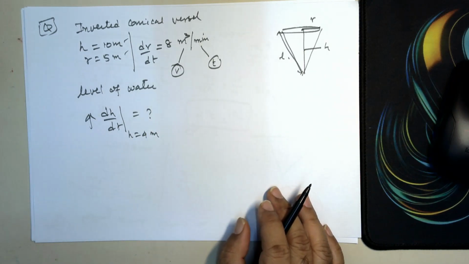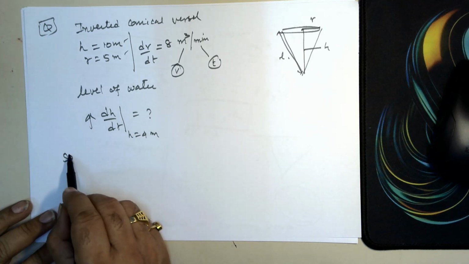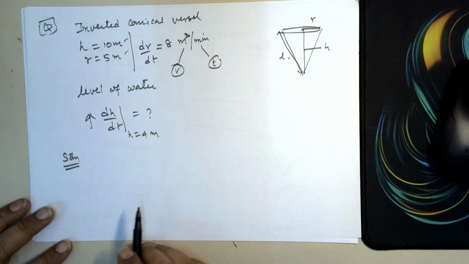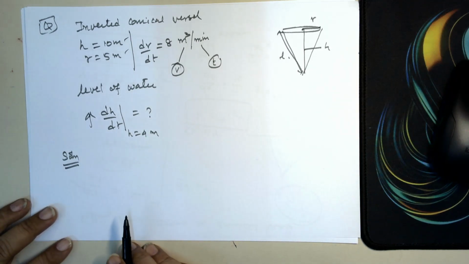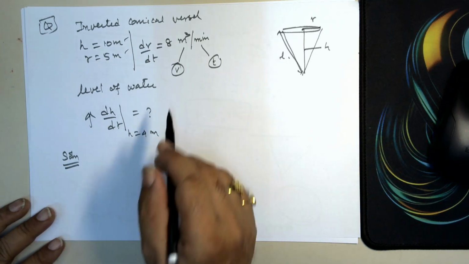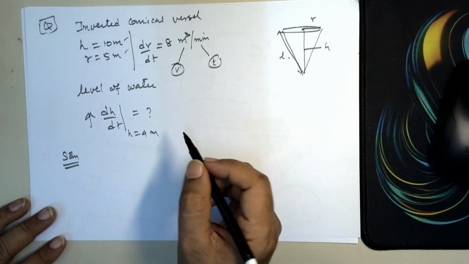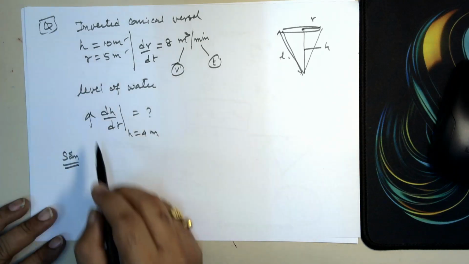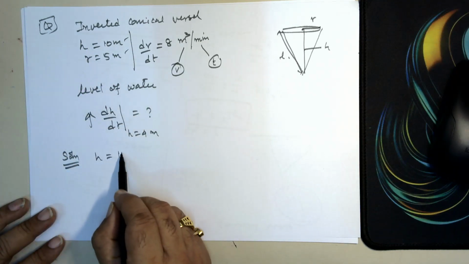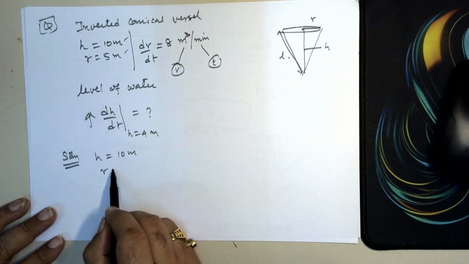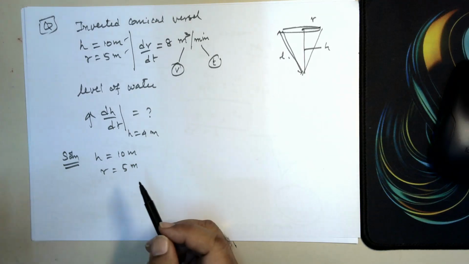Now let us proceed. Solution. In a cone, it is given that there is this h and r. What is h? 10 meter. What is r? 5 meter.